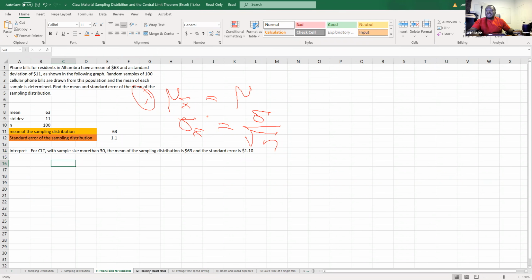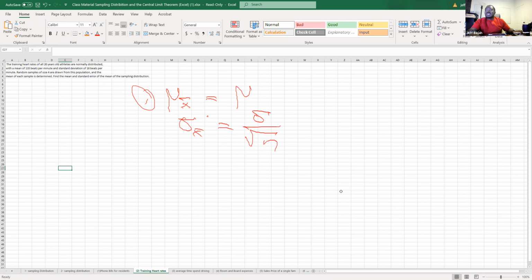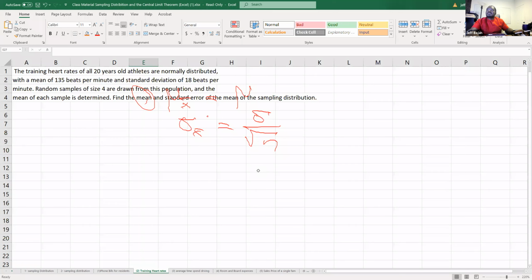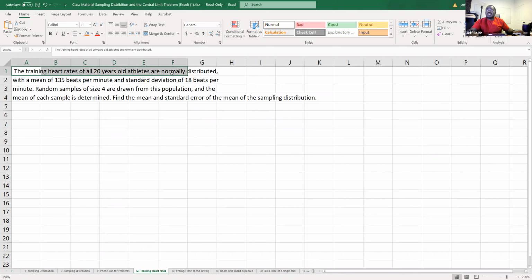All right, let's try another one. So the second one, we're going to try it and see if we can get it, trying to find an easier way than doing this. All right, let's try another one. So this one says the training heart rates of 20 old athletes are normally distributed.